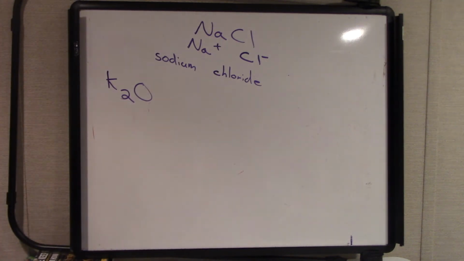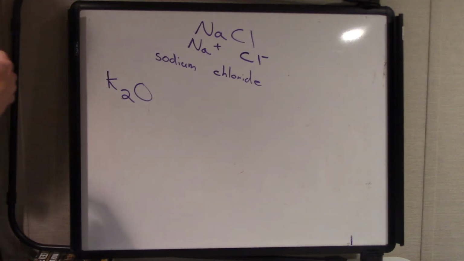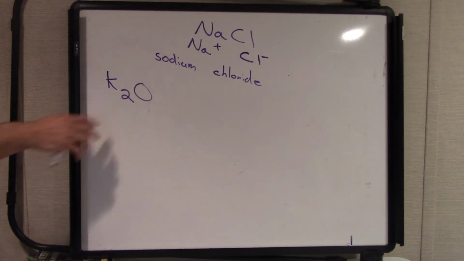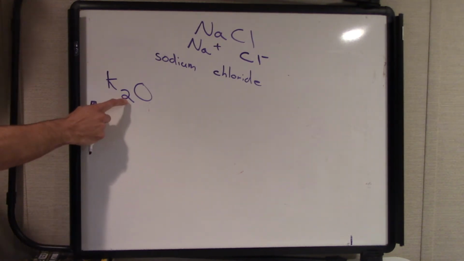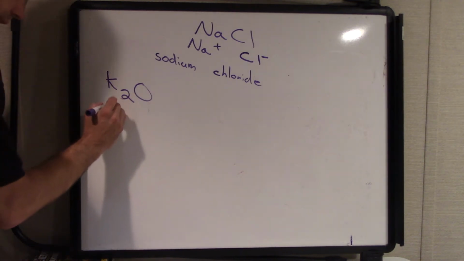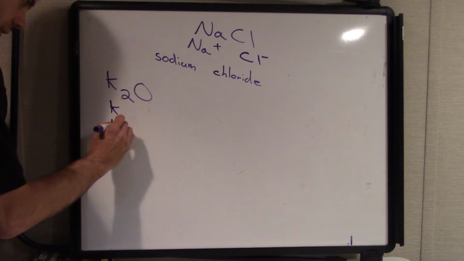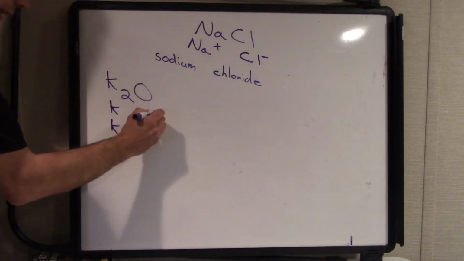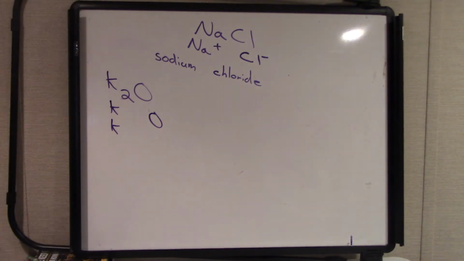So I'm definitely still dealing with an ionic compound. Before we name this, we want to write out the ions that we have. Remember what the subscript 2 tells us: we're dealing with 2 potassium. So I need to make sure I'm writing these 2 potassium ions down. And I'm dealing with 1 oxygen ion.